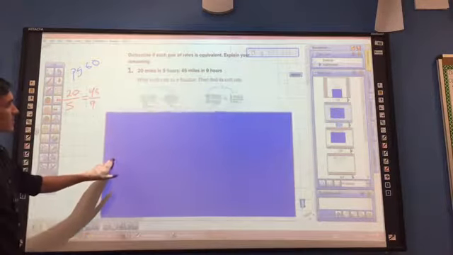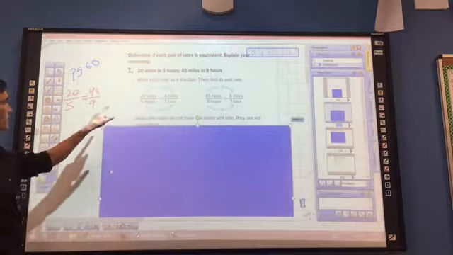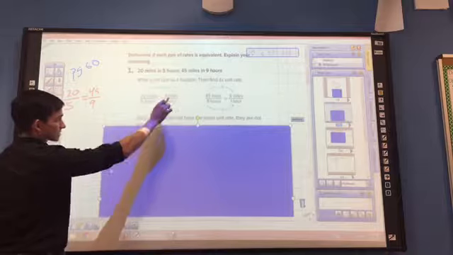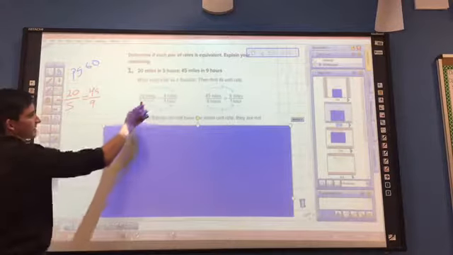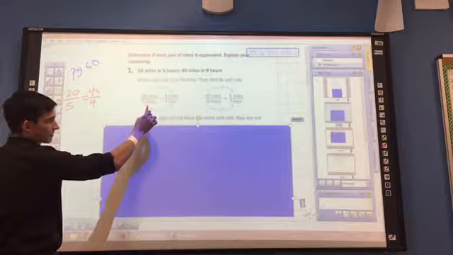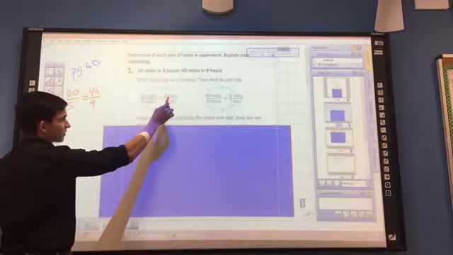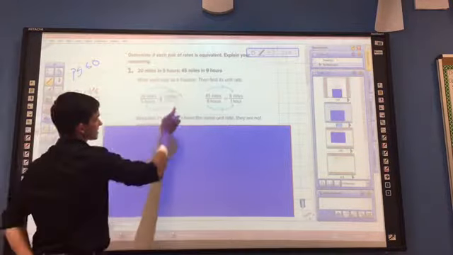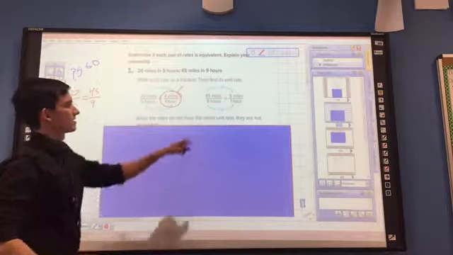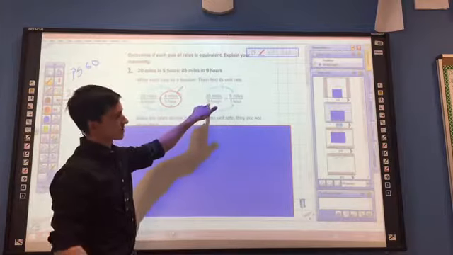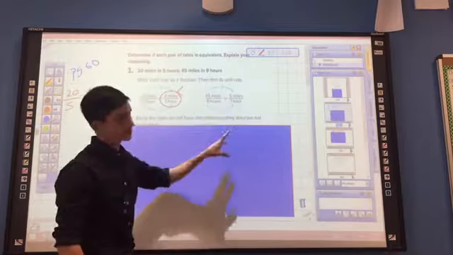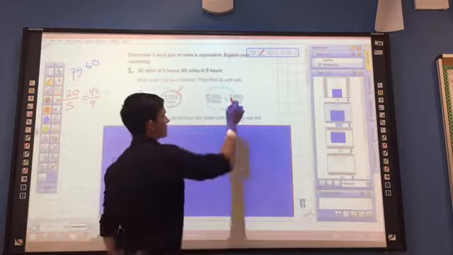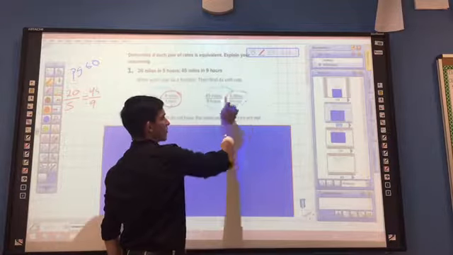So let's look down. Notice on this one, they divided 20 miles in 5 hours to get 4 miles in 1 hour. They divide by 5 because 5 is on the bottom. So 20 divided by 5 is 4, and 5 divided by 5 is 1. So here is the unit rate. On this one, 9 is on the bottom, so they divide by 9 to turn it into a unit rate. 45 divided by 9 is 5, and 9 divided by 9 is 1.